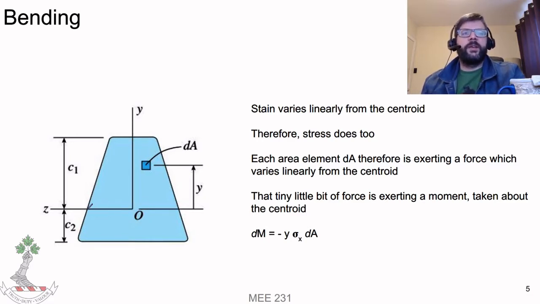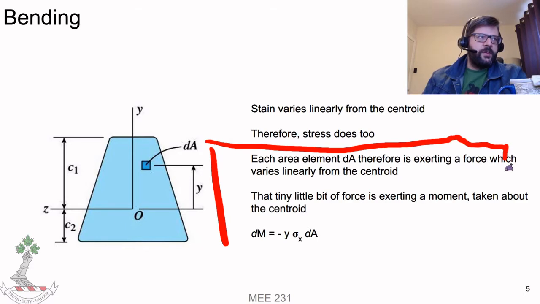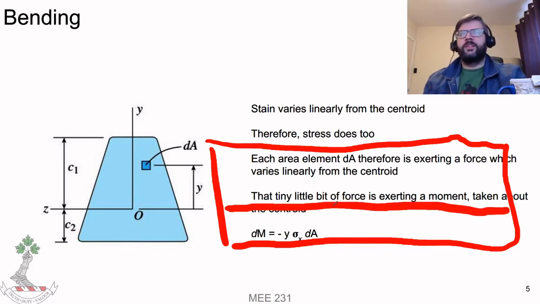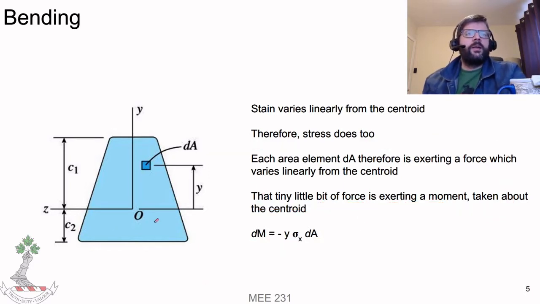That's basically saying that if we take this thing and look at a cross section like this, whatever line is parallel with this, when we bend it, that line stays the same length. The neutral axis is located at the same y height as the centroid, and then the strain varies linearly from that.